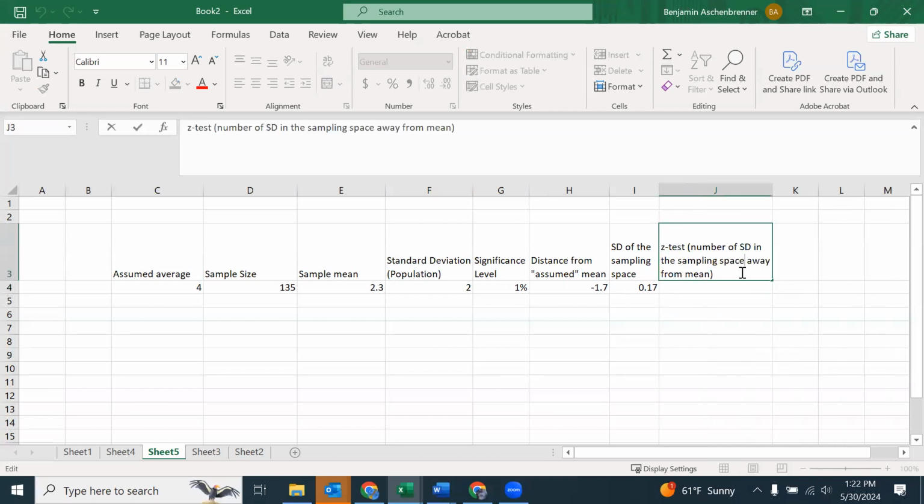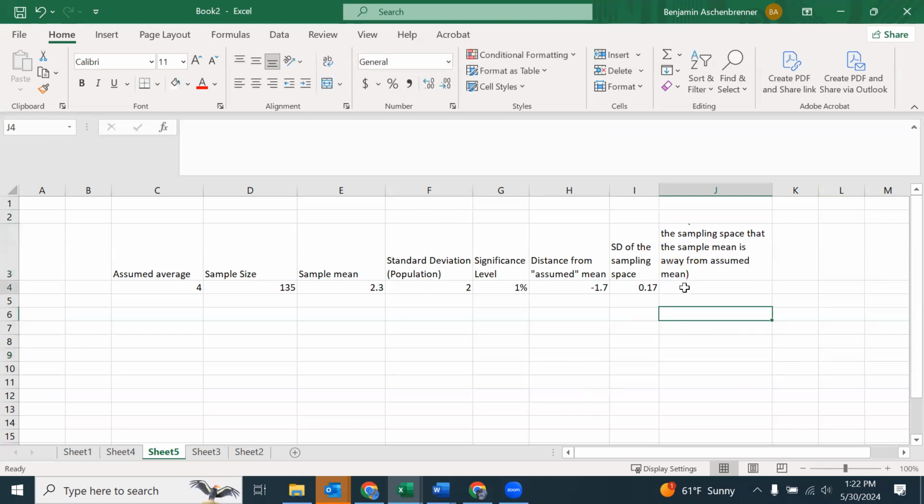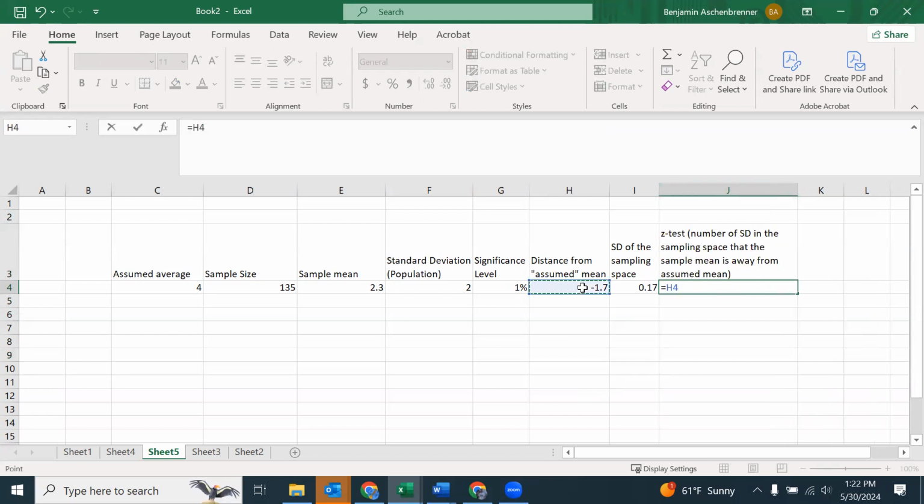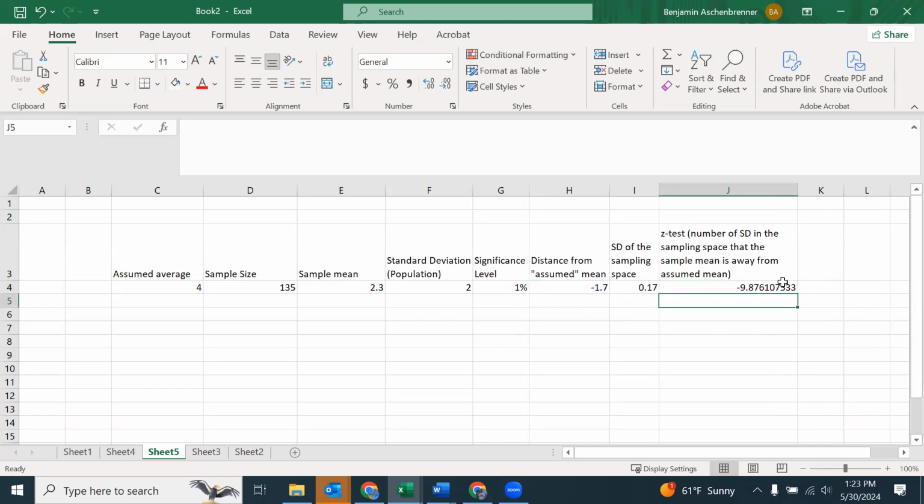The number of standard deviations in the sampling space that the sample mean is away from the assumed mean. And so this number is just the ratio of the distance divided by the standard deviation of the sampling space. That's where we got that negative 9.78 number. It was a pretty big number. I don't need that many decimals.